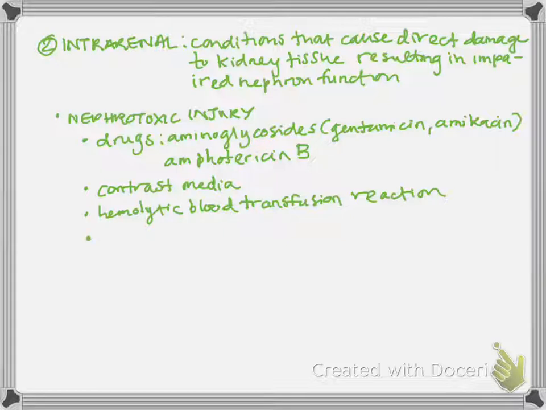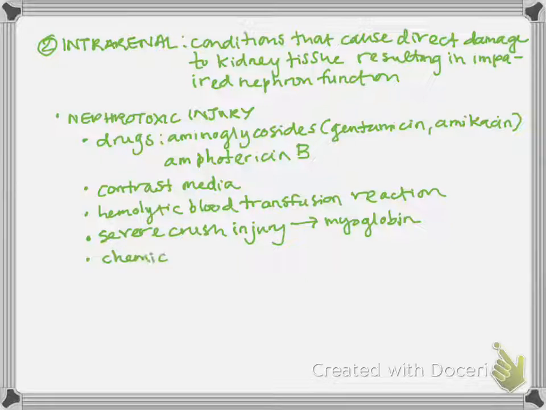Severe crush injury. So if we have muscle injury, that releases myoglobin, which essentially does the same thing hemoglobin does. It gets stuck in the kidneys and causes ischemia to the kidneys. And other nephrotoxins, chemical exposures.